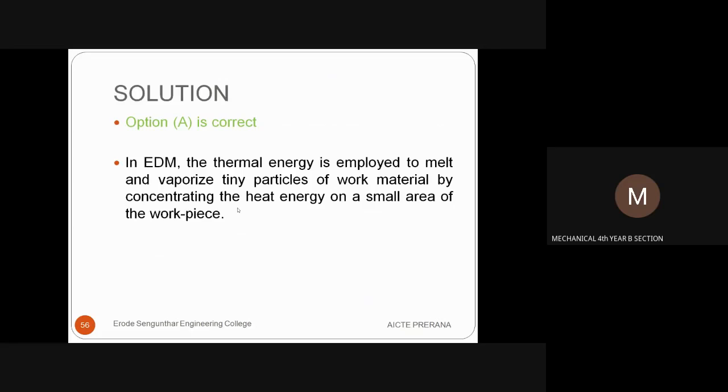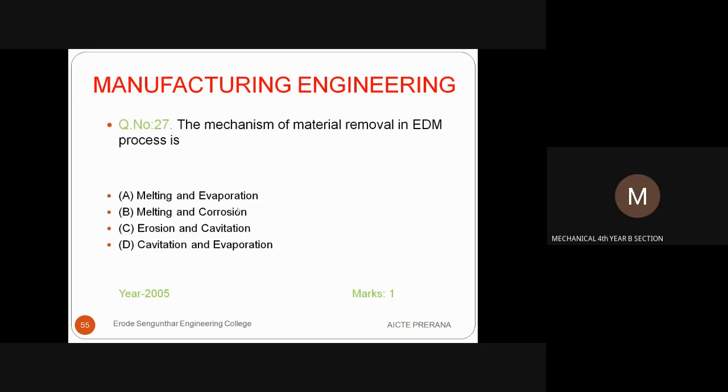In the EDM process, the thermal energy is targeted only on a particular area, and in that area the metal will be removed. So the metal removal process is done by melting and evaporation. It completely gets evaporated. On first heating, it converts from solid to liquid, and on further heating, the material gets vaporized.